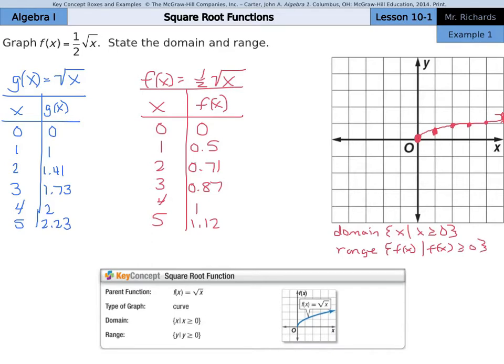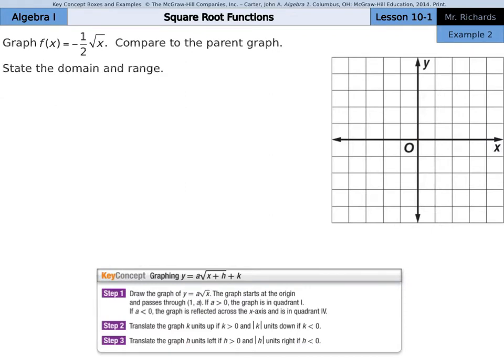Let's continue on. Next we're asked, graph f of x equals negative 1/2 the square root of x. Compare to the parent graph and state the domain and range. For a lot of these examples today, we're going to write out our parent function and graph it just in order to compare it. So our parent function is, if you remember, g of x equals the square root of x.